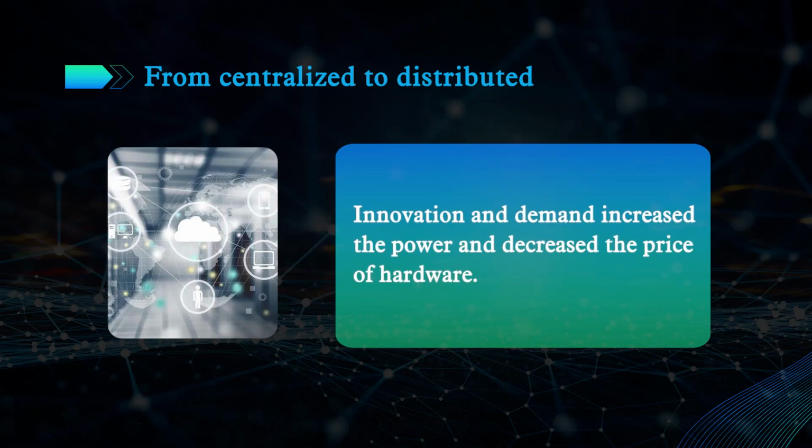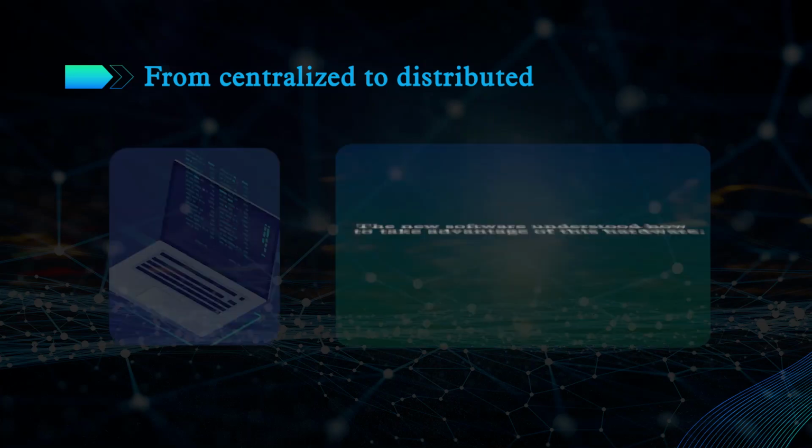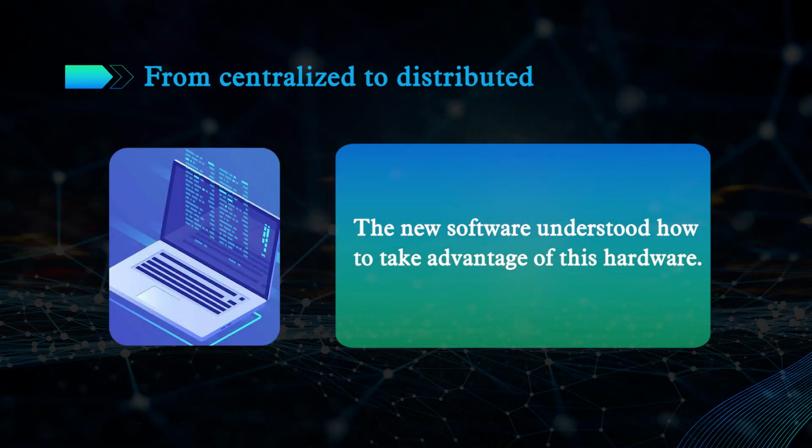First, innovation and demand increased the power and decreased the price of the hardware. New software emerged that understood how to take advantage of this hardware by automating processing, like load balancing and optimization across a huge cluster of nodes.